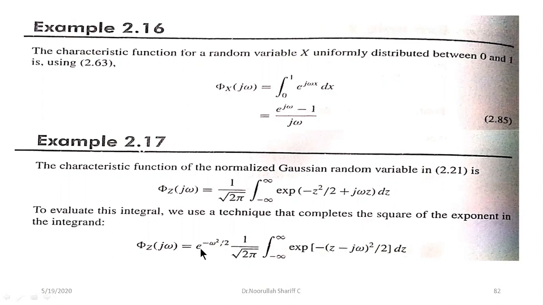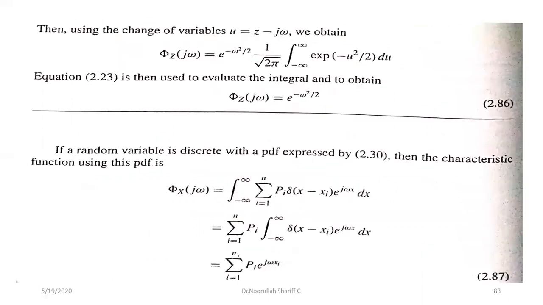And then this gets added inside, and hence we'll get z minus j omega whole square by 2. Now this is a change of variables, where you can write u equal to z minus j omega, and then you can write this expression.